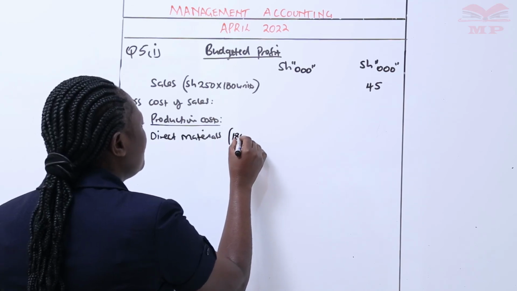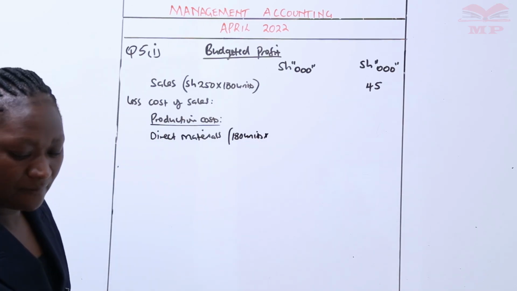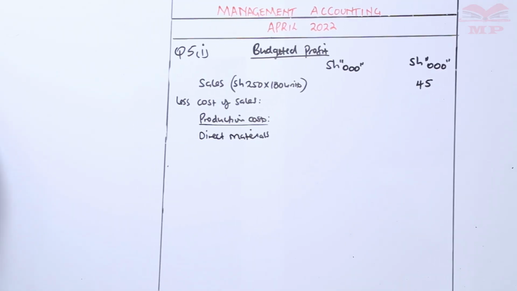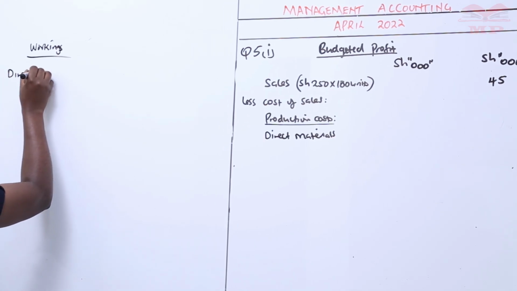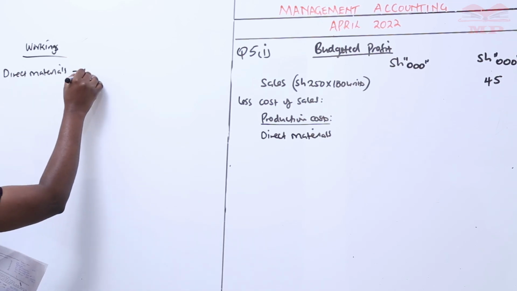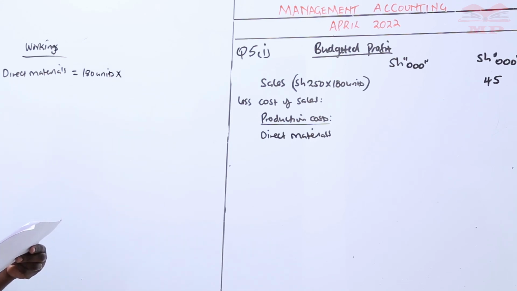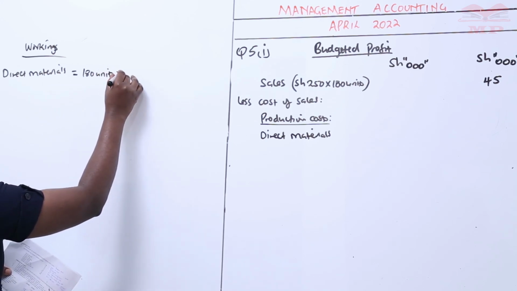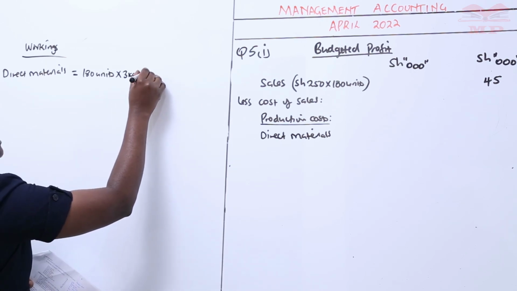We take the number of units produced, 180,000, and multiply by 3 kilograms, since to produce 1 unit we require 3 kilograms, and the cost per kilogram is 40.